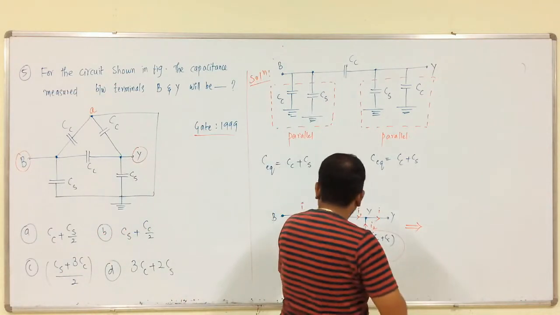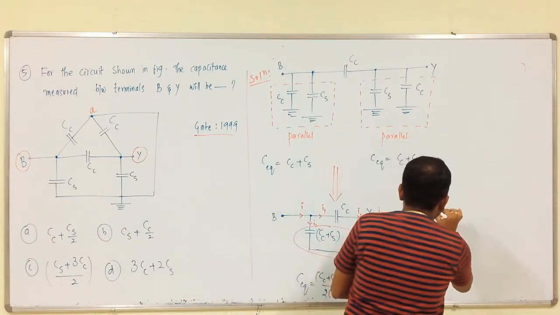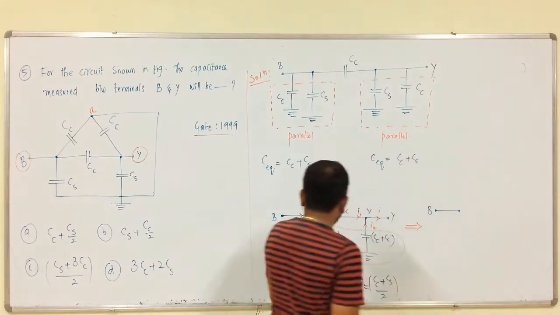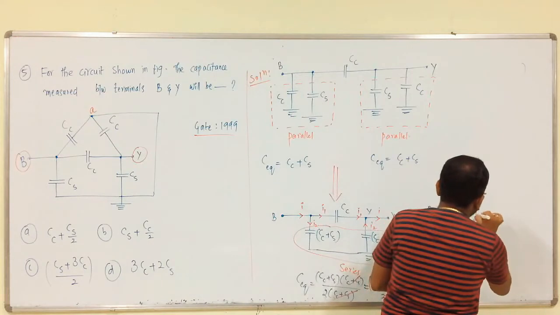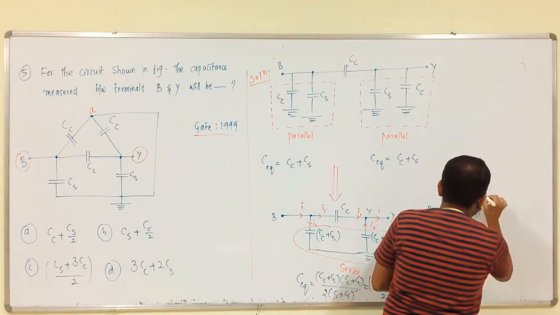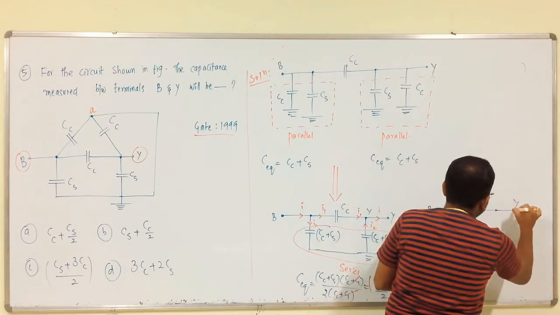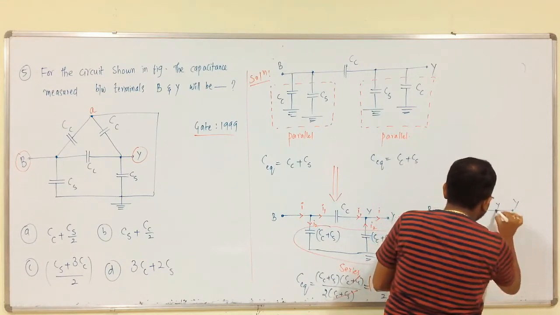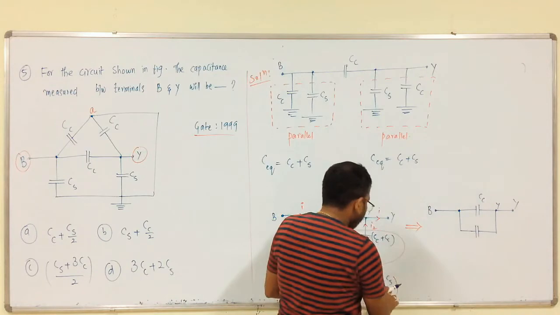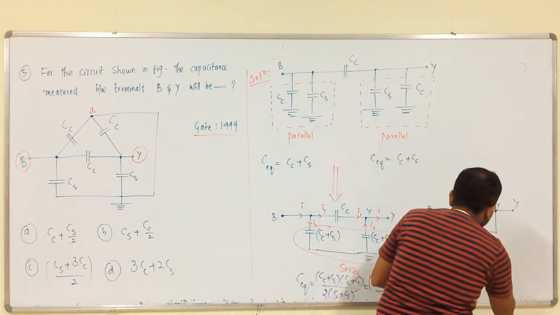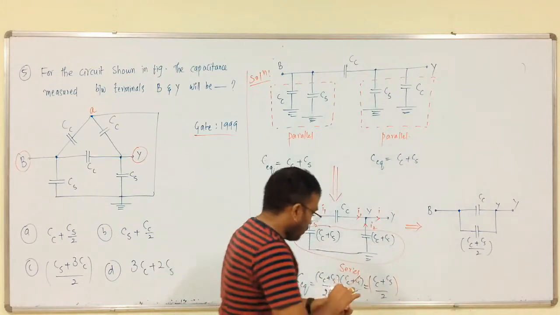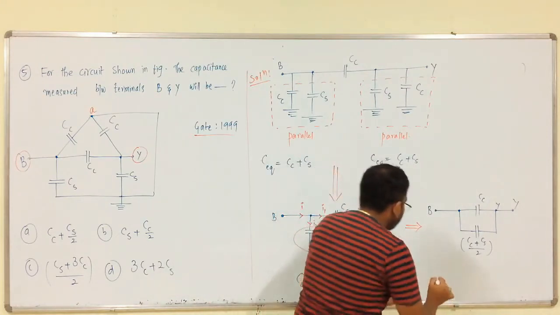Therefore, the modified circuit is what? B, this is series, again parallel, this is CC, this is Y, right, which is connected in parallel with what? This is what? CC plus CS by 2, CC plus CS by 2, which are connected in parallel. Therefore, what is the required answer? CBY.